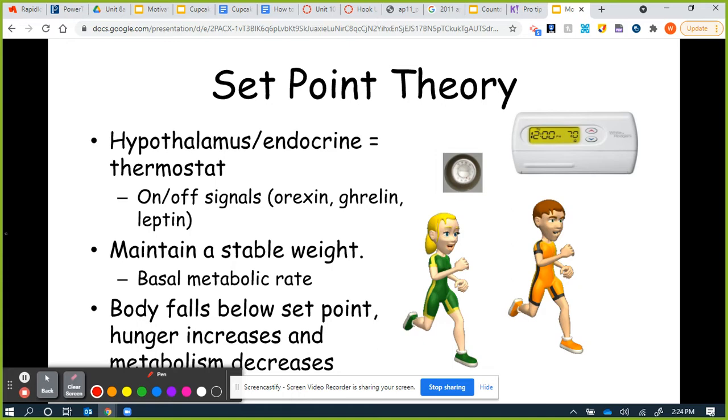For instance, mine's 150. If we fall below our set point, like if we're not eating enough, then our hunger is going to increase and metabolism is going to decrease. And if we go above it, at least for a short amount of time, metabolism is going to increase and hunger is going to decrease.